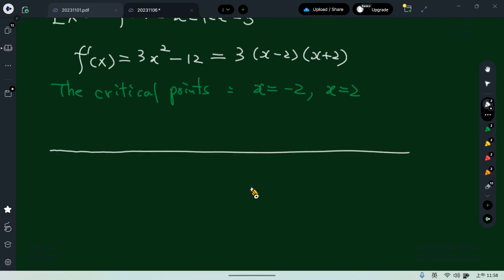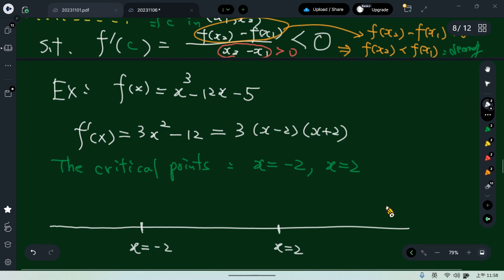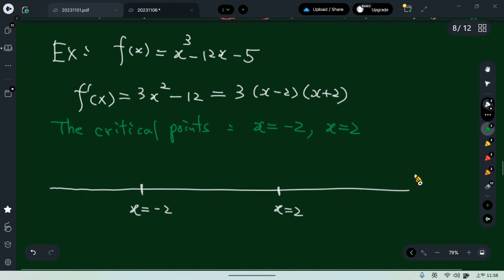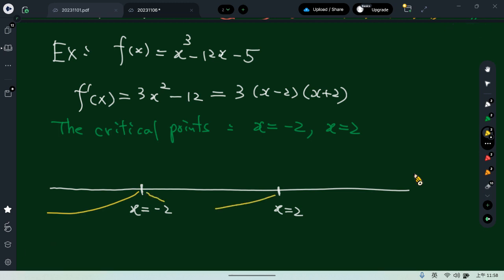So we can draw the x-axis. This is x equal to negative 2, this is x equal to 2. We split it into 3 intervals: one is from negative infinity to negative 2, then negative 2 to 2, then 2 to positive infinity, right?